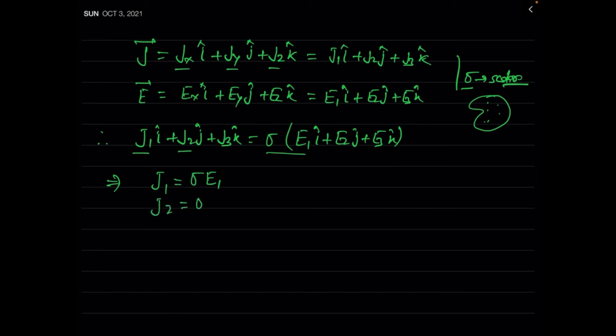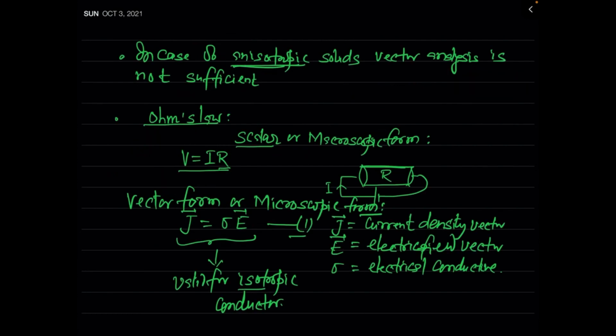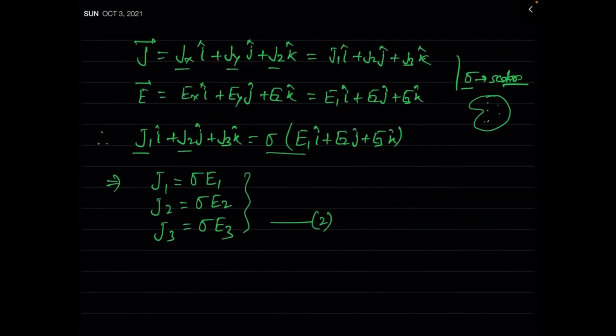J2 will be equal to sigma E2. And J3 will be equal to sigma E3. Say this is equation 2. This is simply Ohm's law, but we have expressed the vector equation defined in equation 1 in terms of three equivalent scalar equations.